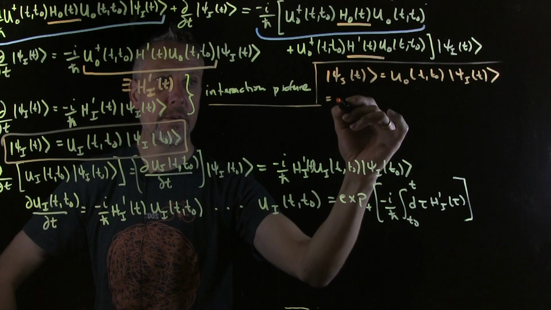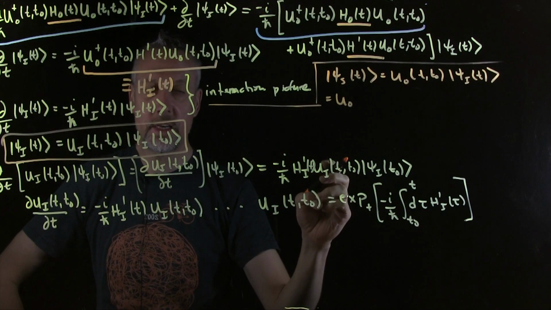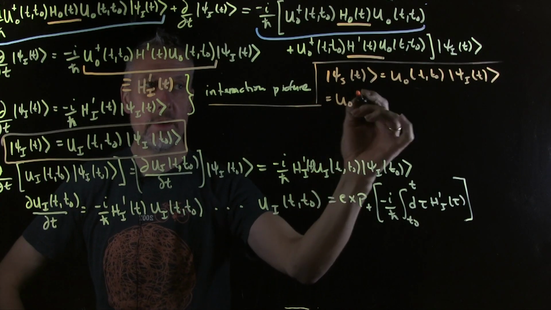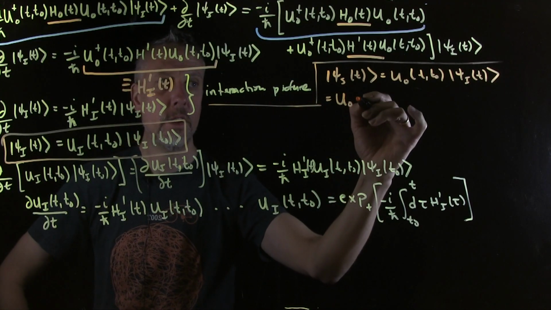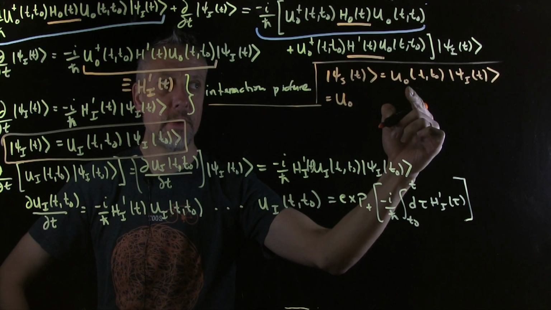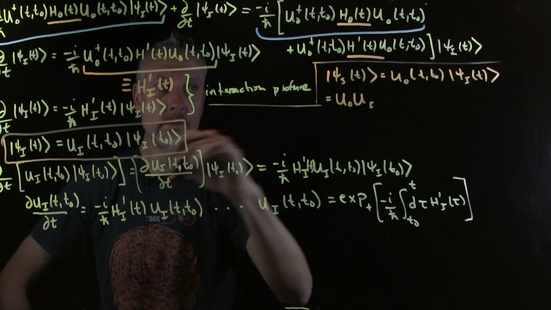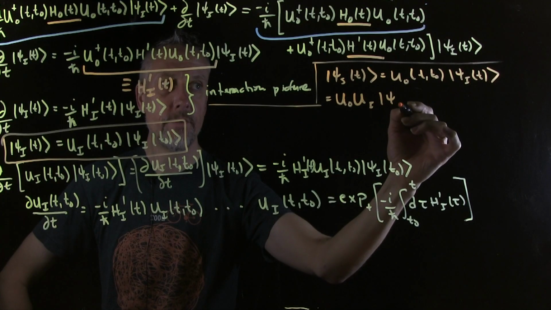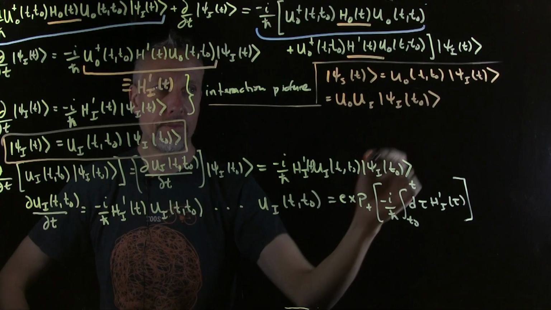So this is equal to U naught. I'm going to leave out the t and t naught just to save myself a little bit of room, but everywhere you see a U, make sure you think in your mind there should be a t and a t naught there. So this is going to be U naught from here, then U_I from here, then psi_I of t naught. That is important to leave in.